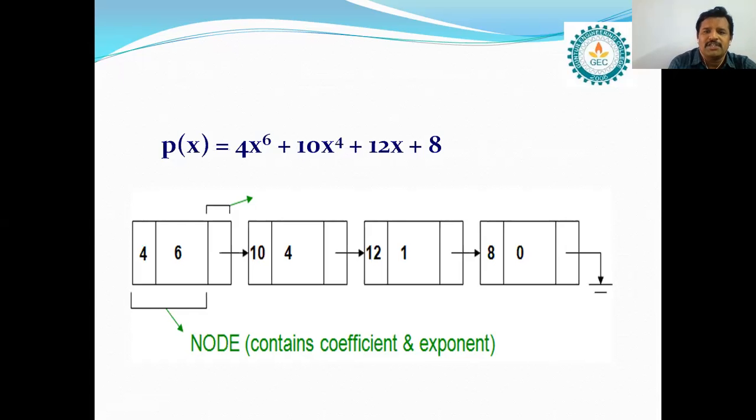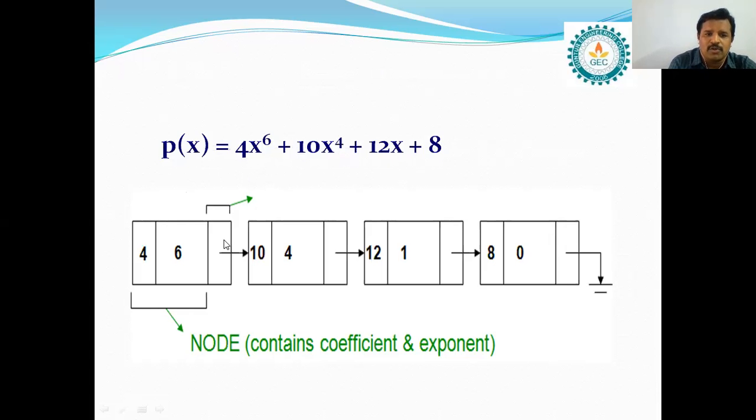But coming to the linked list, we need not allocate nodes for the degrees not present in the given expression. We can allocate the nodes only for the exponents given in the expression.